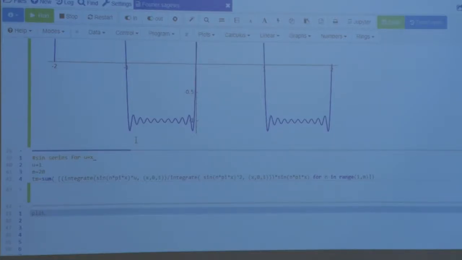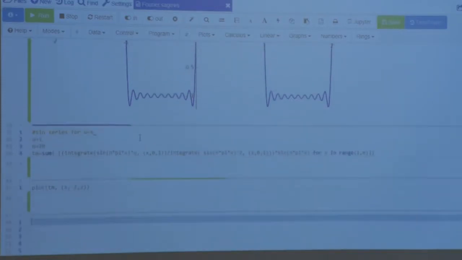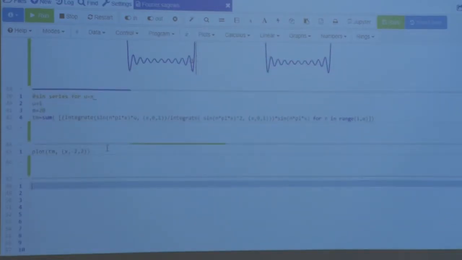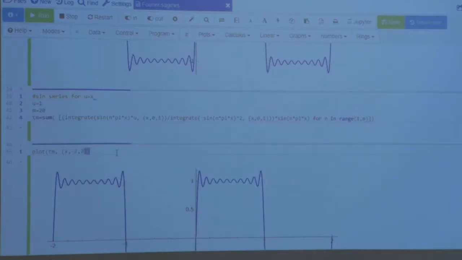Okay, so all right, let's plot this one for x from -2. The syntax is similar to the syntax for Mathematica. Let's see, u is 1.